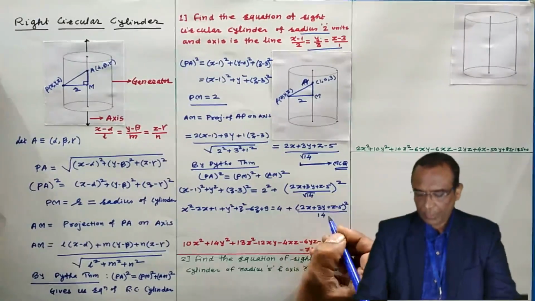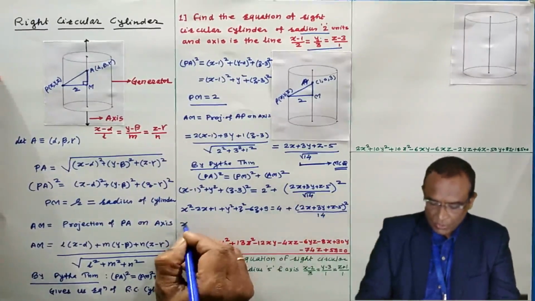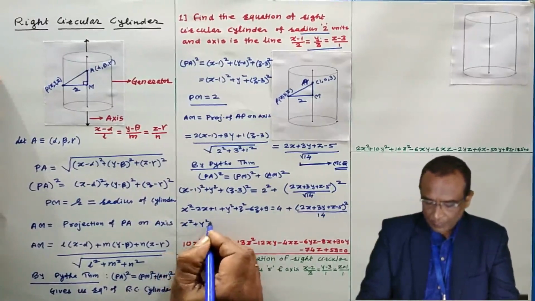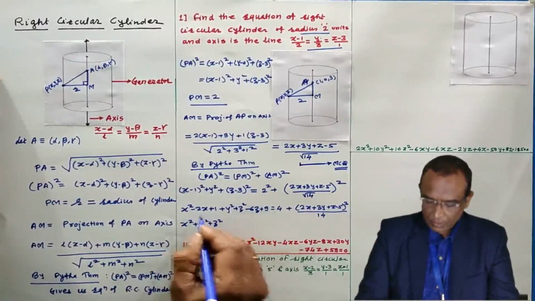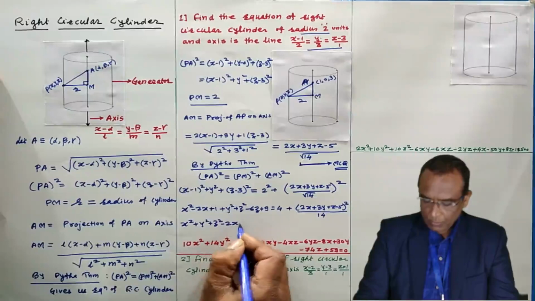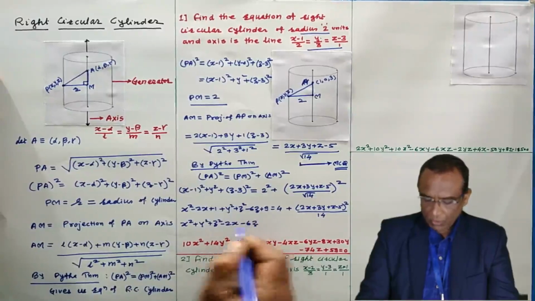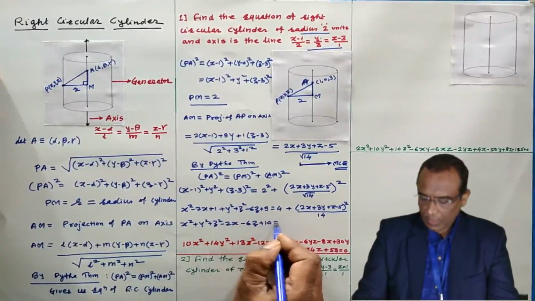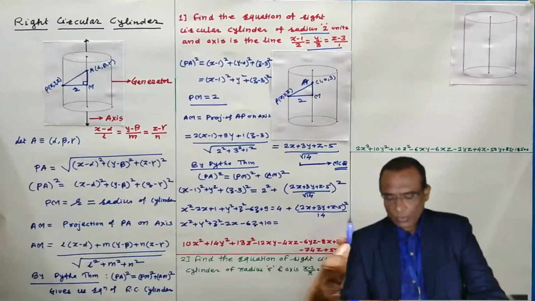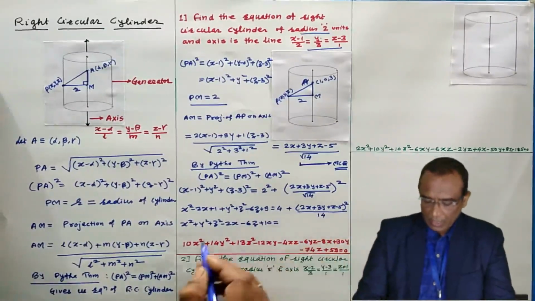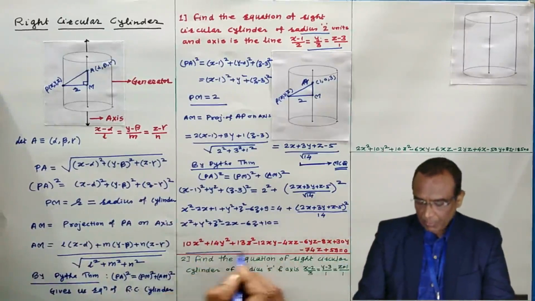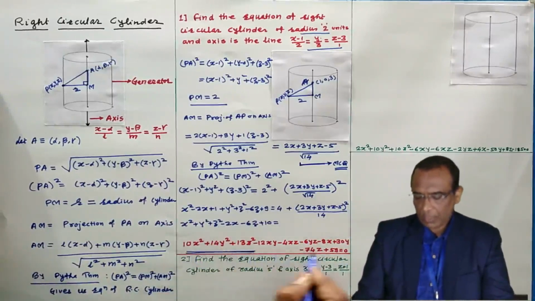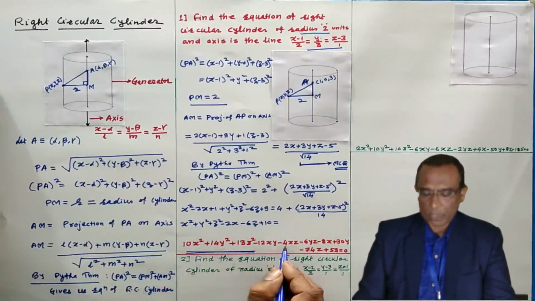Now x square plus y square plus z square, minus 2x minus 6z, and the constant 1 plus 9 is 10, and the right hand side is the same. You can solve it further, and after simplification this will be the final answer. This is the equation of the right circular cylinder.